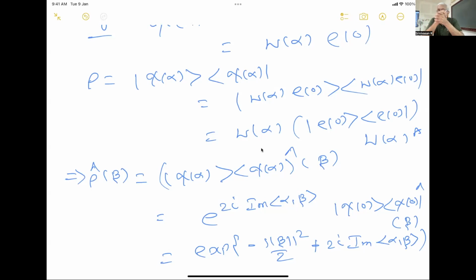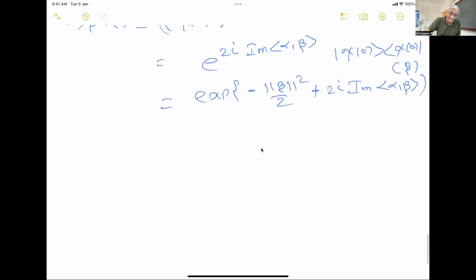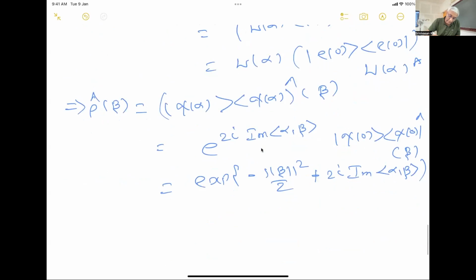The variance is still 1. What I mean is the following. If you have E of rho hat of T beta, that's what you have to consider.